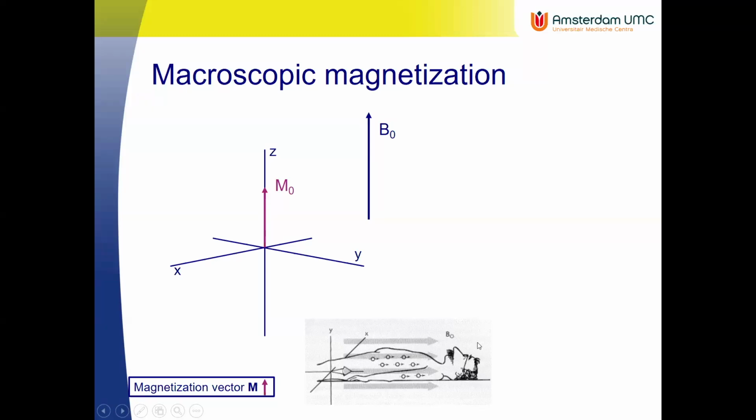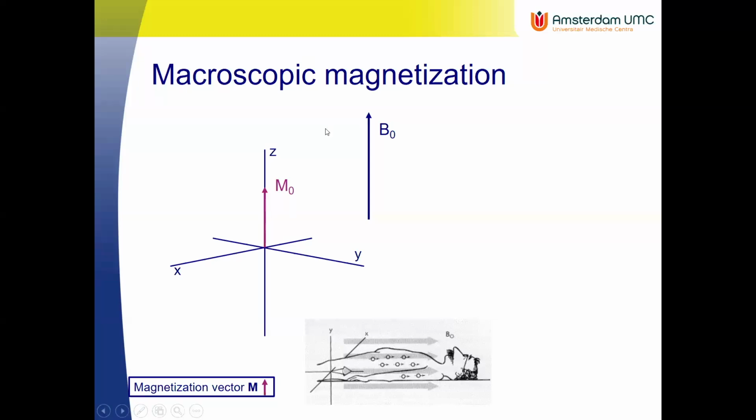Now in the next couple of slides, it's more practical to have this main magnetic field vertical. So I put my MRI scanner on its side, and the protons now align with the main magnetic field vertically. I call that net alignment of all those massive amounts of spins M0, which is the equilibrium state of all spins together.